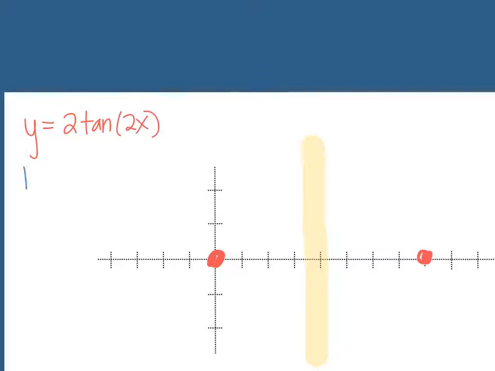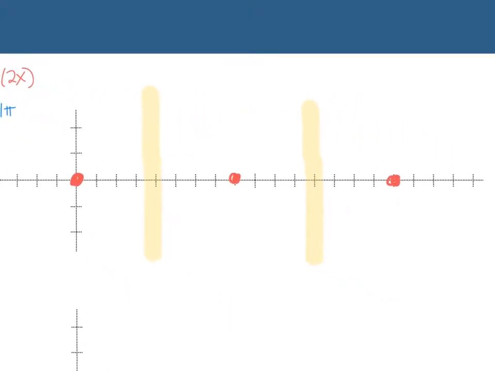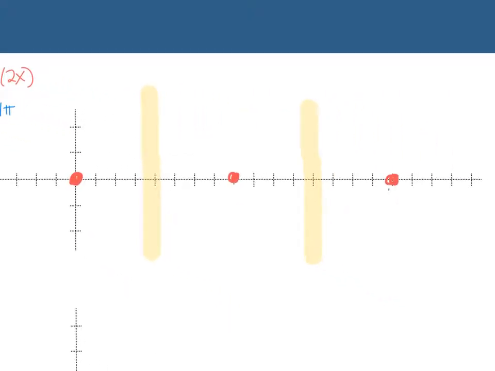The period is 2 pi over b, so 2 pi over 2, which is 1 pi. So you can label the 5th position as 1 pi, which means you can label the center as half pi, and you can label your asymptote. The first one is 1/4 pi, and the next one is 3/4 pi.